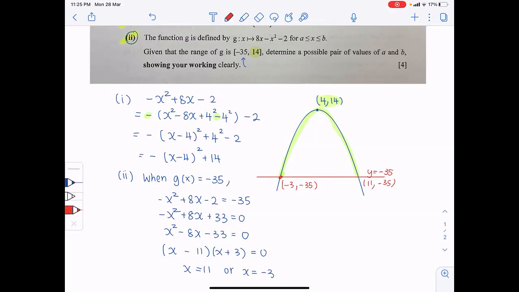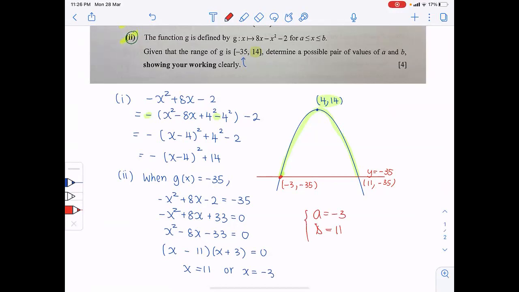So I can actually give you a few possible pairs. For example, if a equals minus 3, b equals 11, right? This is totally possible. As long as your x is between minus 3 and 11, the range is clearly from minus 35 to 14.